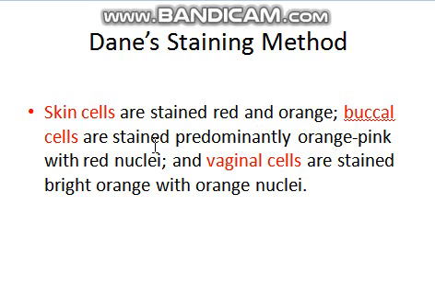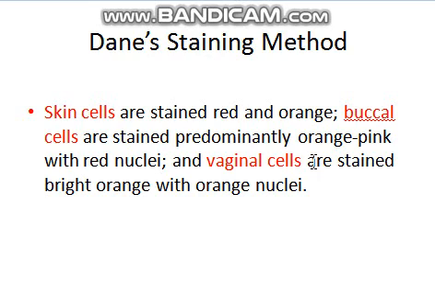For example, if you have a suspicious sample and you want to know whether the source is vaginal cells or not, you just stain it with the Dane stain, and if you get only the orange view of the cells, then the source could be concluded as vaginal.